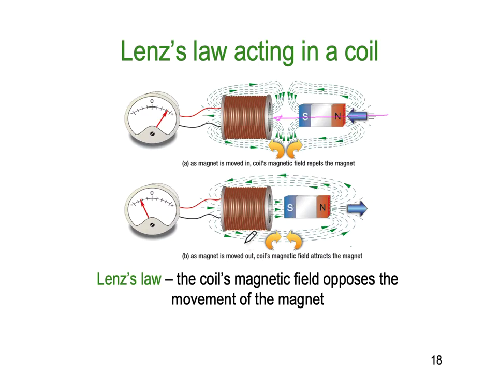But as you then decide to pull the magnet back out the other way, the opposite happens. You get this force of attraction because the two magnetic fields align and want to go in the same direction. So Lenz's law, the coil's magnetic field opposes the movement of the magnet.